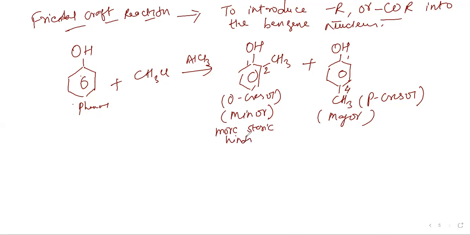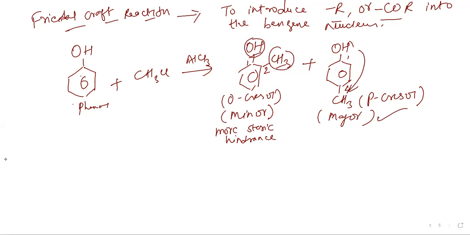And why more steric hindrance? Because these groups are near to each other, due to which there is more crowding. And this is a little unstable compared to para-isomer, in which methyl group is far from OH. So there is less crowding, less steric hindrance, which means this is more stable. So this is in major quantity because it is more stable.